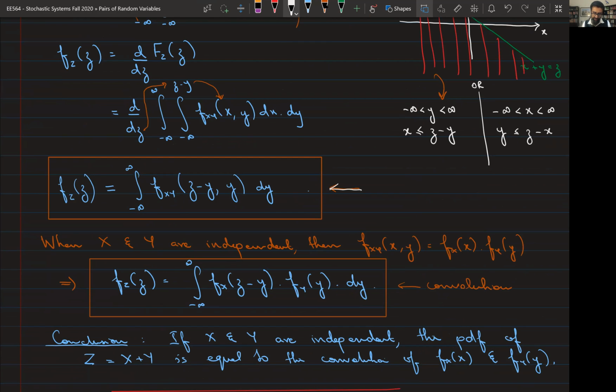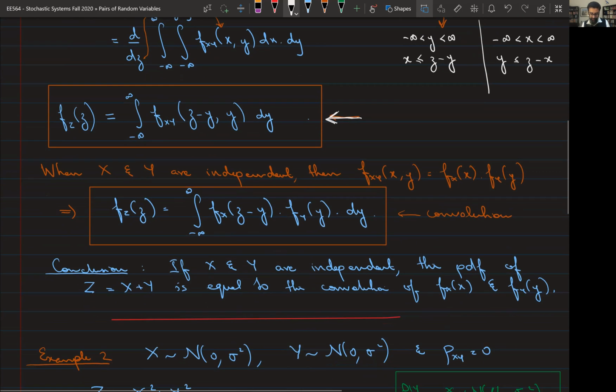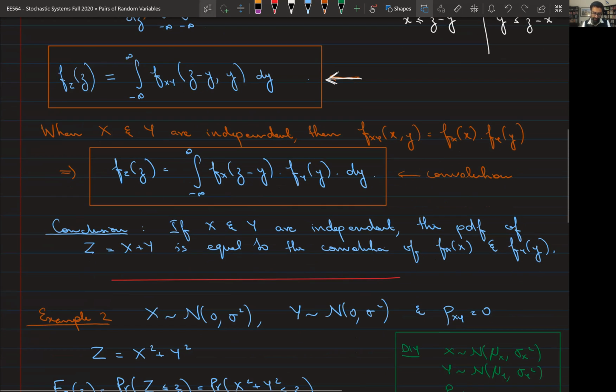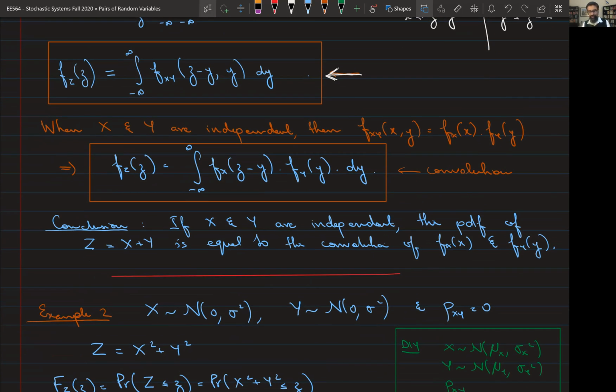The PDF of z turns out to be given by this relationship, and if x and y were independent of each other, then the PDF of z is just a convolution of the PDF of x and the PDF of y, right? That's an important result: if x and y are independent, the PDF of z equals x plus y is equal to the convolution of the individual PDFs of x and y.